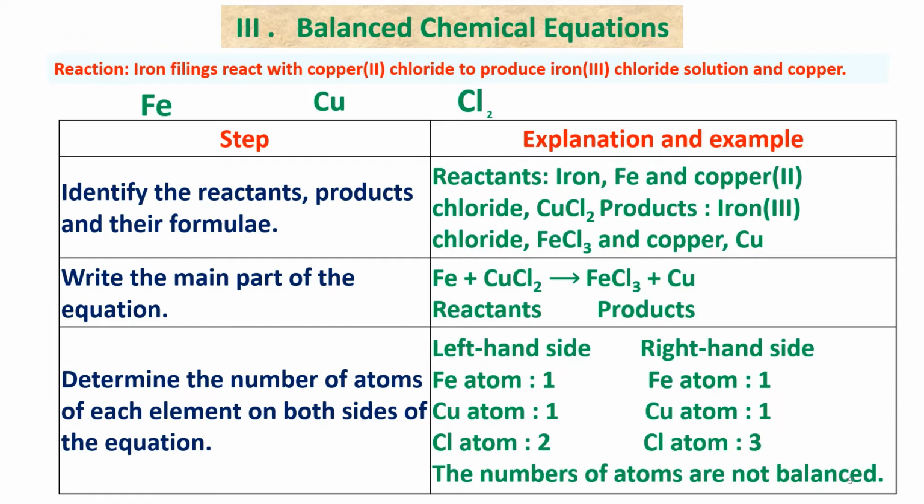Observe, everything is the same, but chlorine on the reactant side is 2 atoms, and chlorine on the product side is 3. So we can say that the chlorine atoms are not equal, so it is an unbalanced chemical equation, or we can say that it is not a balanced one.